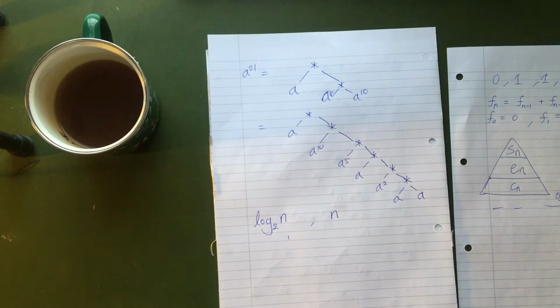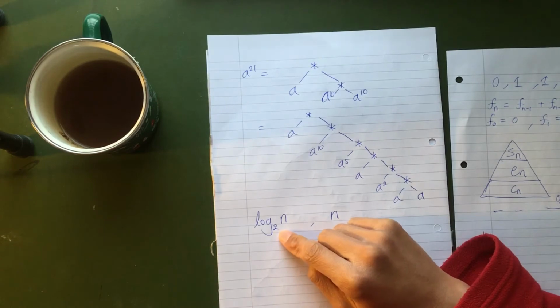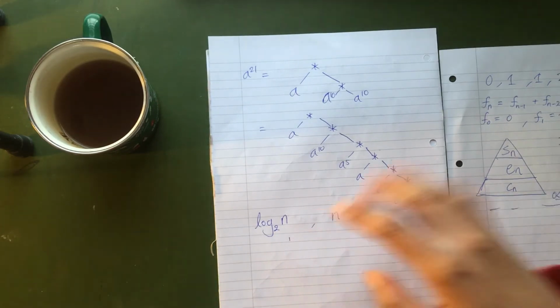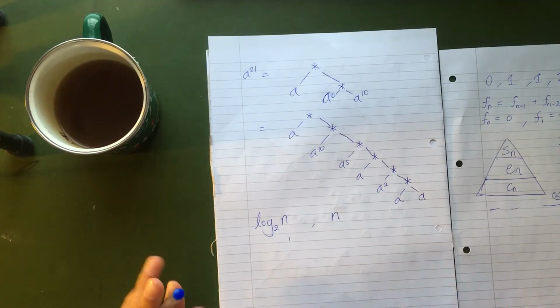So even if you had a computer that's 100 million times faster for each multiplication, once we get to a big enough n, the log n is going to wipe the floor. The n is not going to stand a chance. It's not a matter of hardware. This is why algorithms are good.